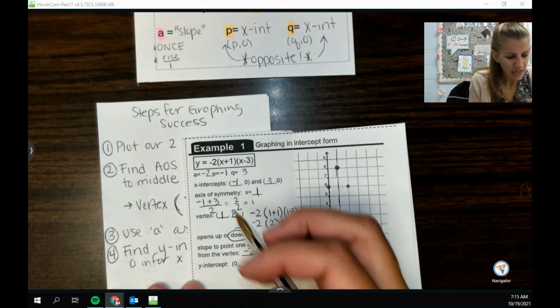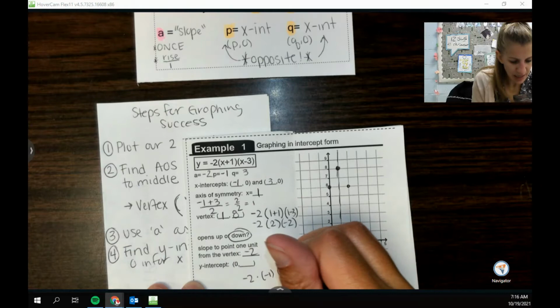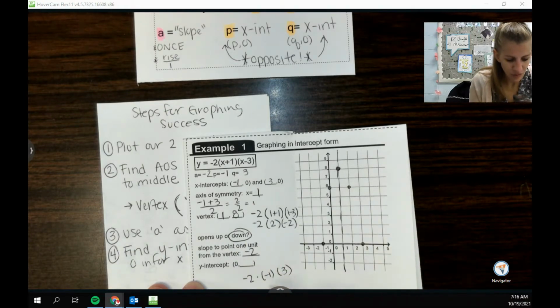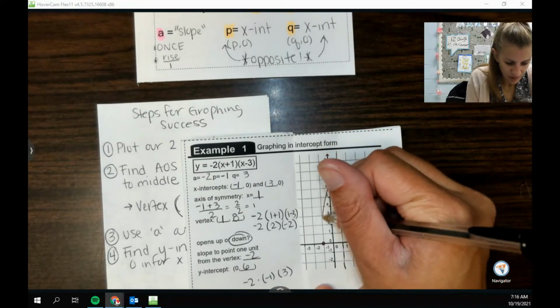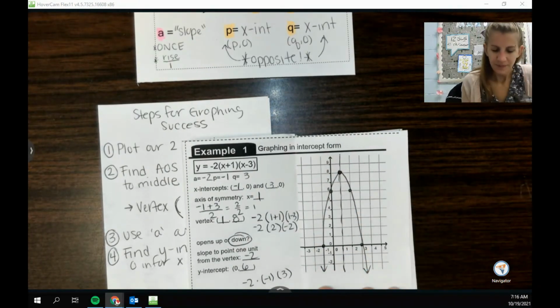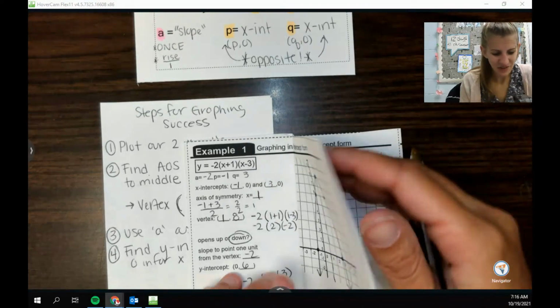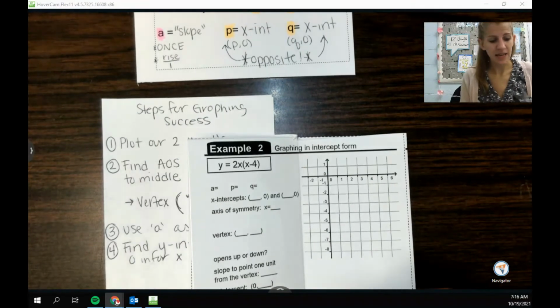If I had plugged in 0, or multiplied A times P times Q, I end up with 6, which is what I had. So, parabola, cute. Let's try another.